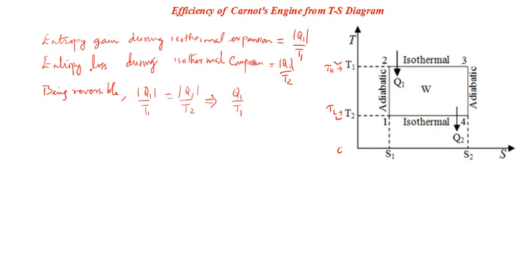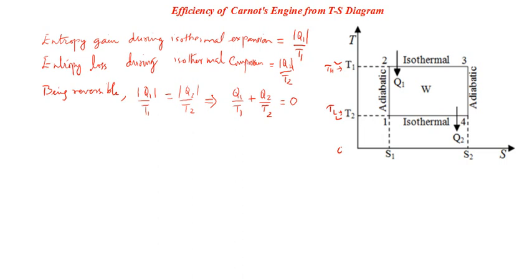And you take Q2, which is negative, from the left side to the right side, so it will also become positive. We have done this before in the discussion of Clausius theorem. So Q1 by T1 plus Q2 by T2 is equal to 0.